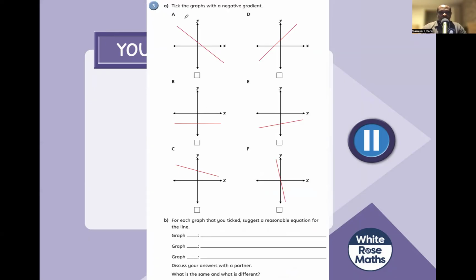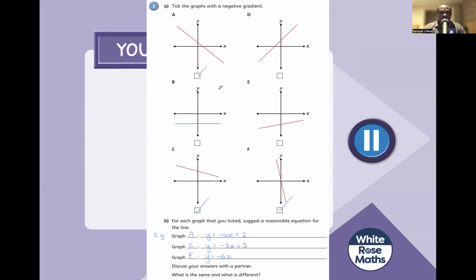Next, you are asked, tick the graphs with a negative gradient, and here they are. So if you pause the video and you've answered these questions, here are the answers. Let's discuss them. And here are the graphs with negative gradient. Notice that the graphs with negative gradients have their x values to be negative.